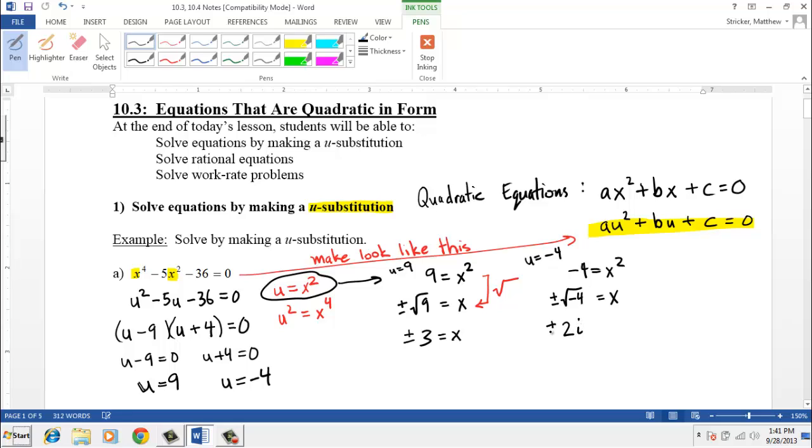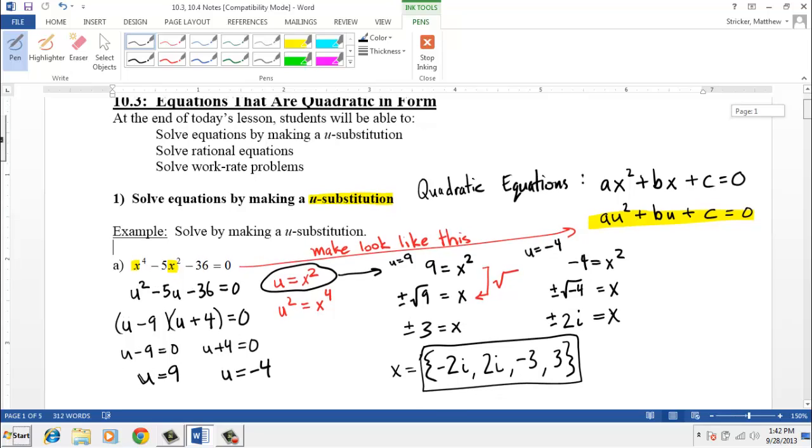So this is plus or minus 2i. So all together here, how many answers do we have? We have 1, 2, 3, 4 answers. We have that x is equal to -2i, positive 2i, -3, and positive 3. We have 2 complex answers and 2 real answers for a total of 4 solutions.